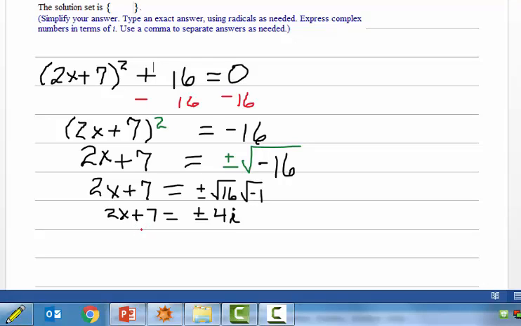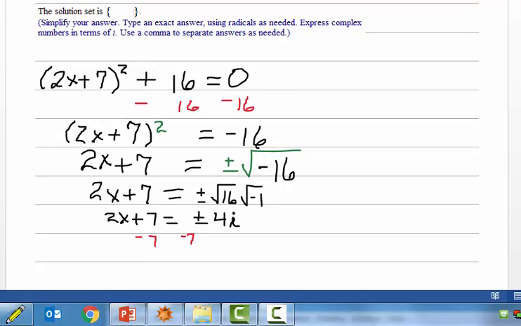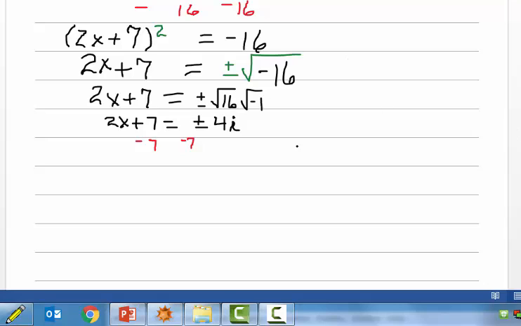So I'm going to first isolate 2x. And I'm going to do that by adding a negative 7 to both sides of the equation. And whenever I do this, I want to put what I'm adding in front of the plus or minus. So the negative 7 goes in front of the plus or minus 4i.